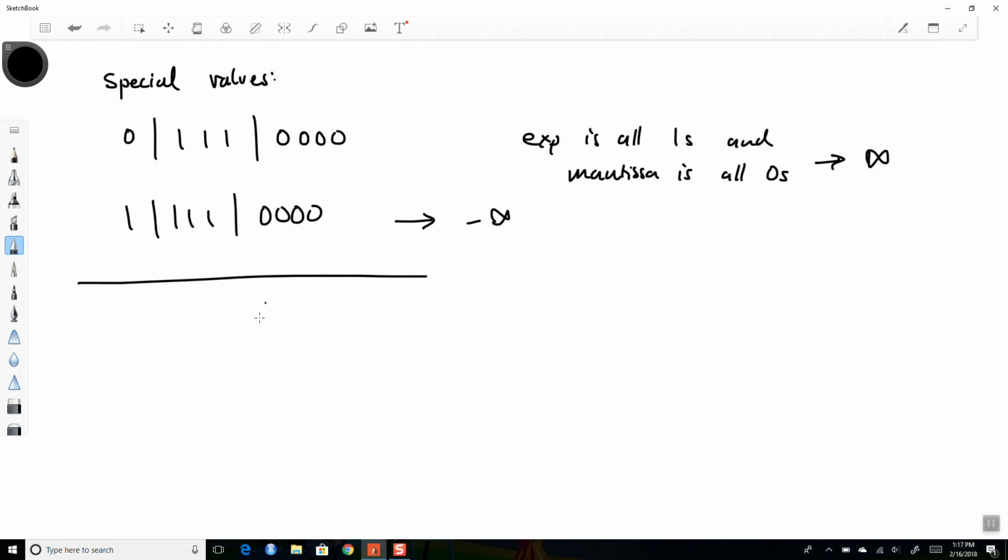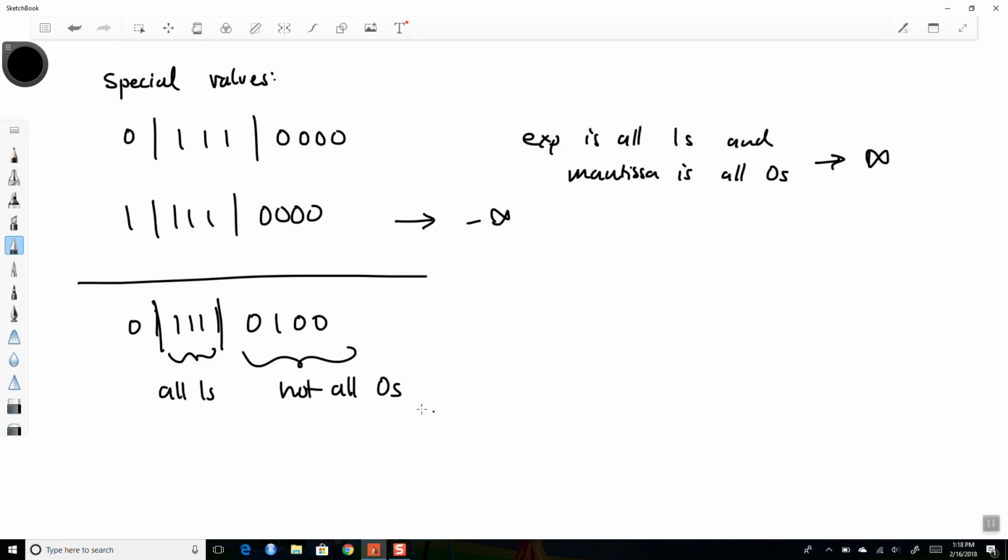All right, and then if you have all 1s in the exponent, and you have something other than all 0s, all 1s and not all 0s, okay, this becomes not a number.